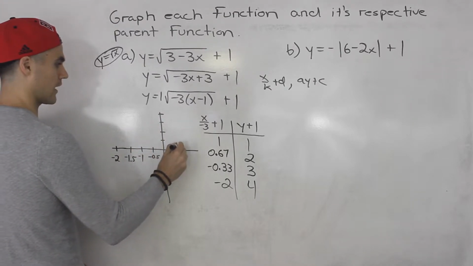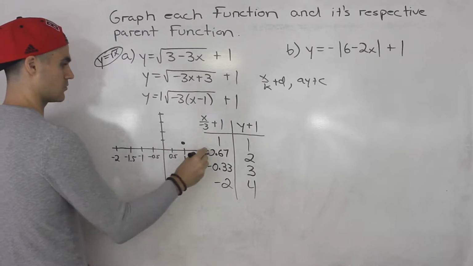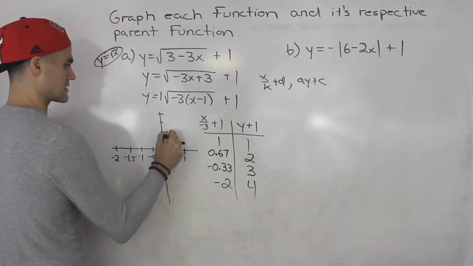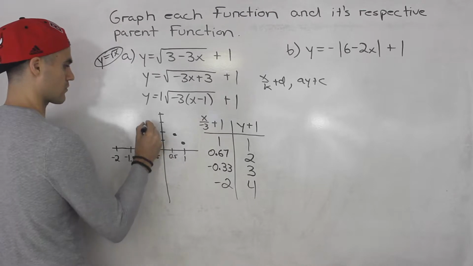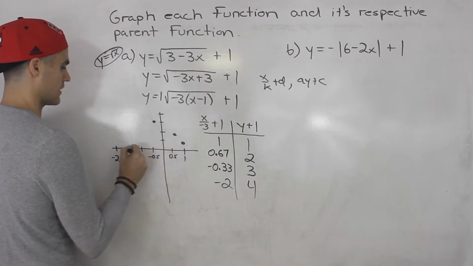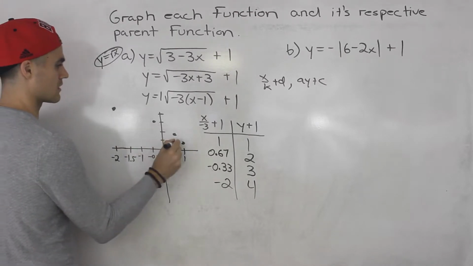So 1 and 1 is over here. 0.67 and 2, that is over here. We've got negative 0.33 and 3, which is up here. Then negative 2 and 4, which is there.